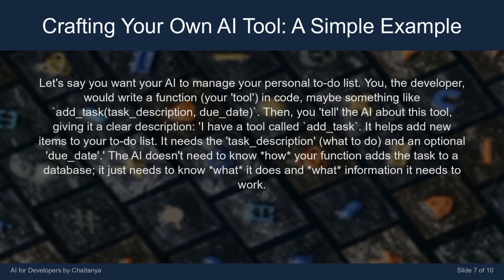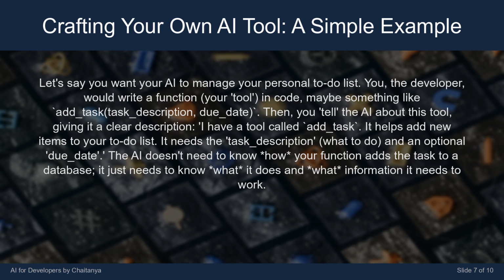Let's say you want your AI to manage your personal to-do list. You, the developer, would write a function, your tool, in code. Maybe something like add_task, task_description, due_date. Then, you tell the AI about this tool, giving it a clear description.